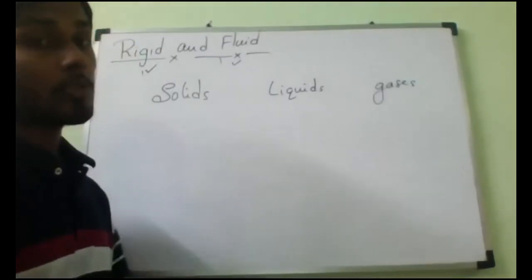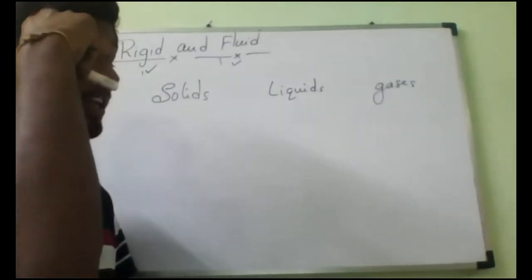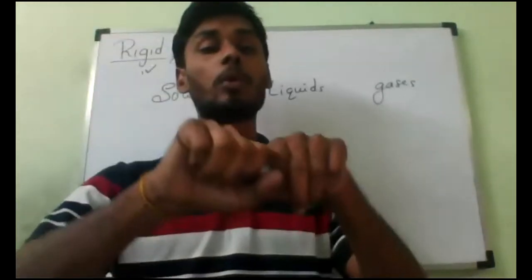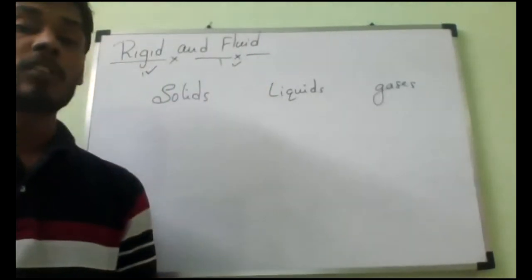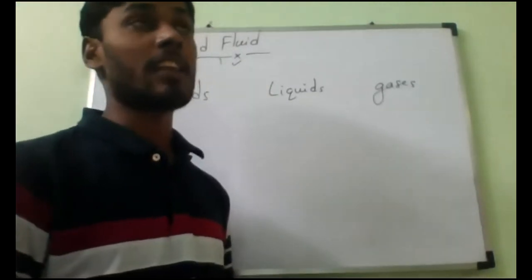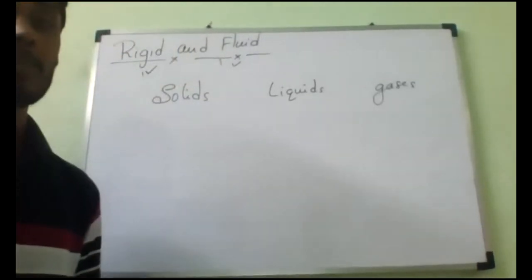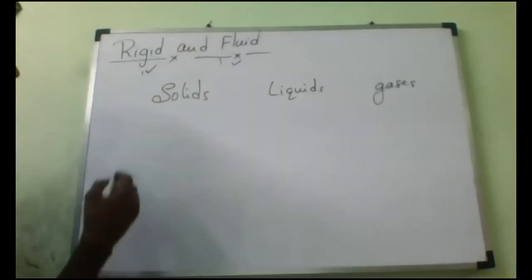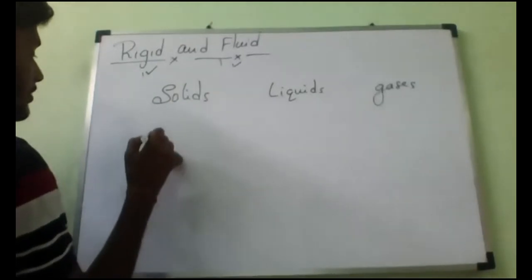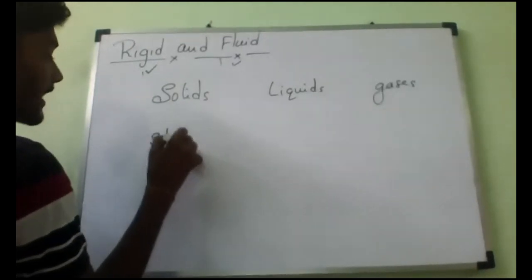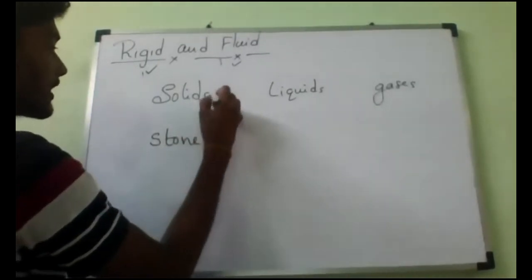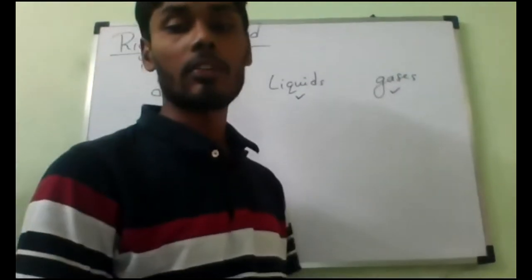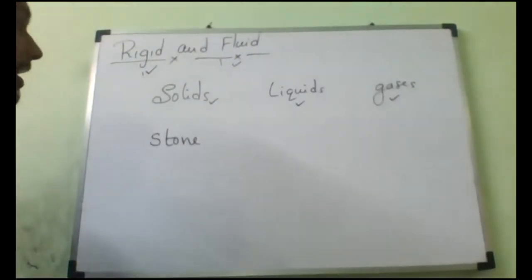Now, let us remember the definitions. Rigid body: rigid means which is not possible to bend and not flexible. An inflexible and unbending substance is called rigid. We have studied that stone is a solid.